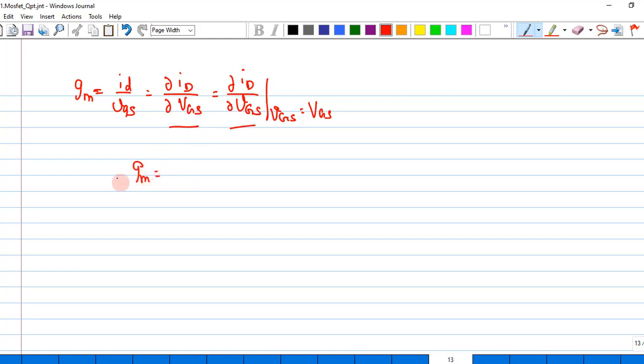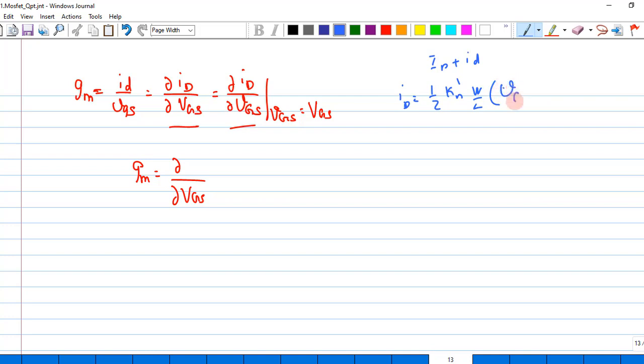So I want to derive the expression for this GM, due to which I take a derivative of the ID term for a constant value of VGS. Now, what is this ID? How will I write this ID? I could write it as half Kn dash W by L, which VGS?